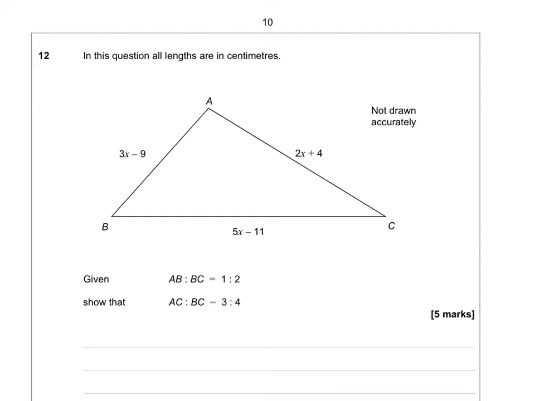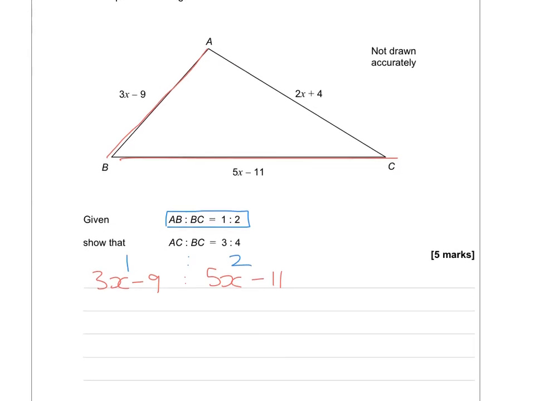Question 12. In this question, all lengths are in centimetres. Given that the ratio of AB to BC is equal to 1 to 2, show that AC to BC is 3 to 4. So AB is 3x minus 9, and BC is 5x minus 11, and the ratio of these is 1 to 2. Now you can see, hopefully clearly from here, that this side is double this side.